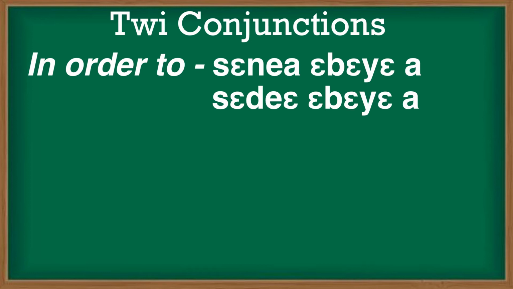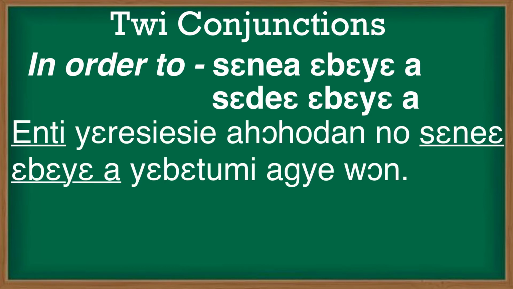Sediebeya or senyebeya, they are the same. You can use any of them. Both mean in order to. So this sentence in Twi will say: Enti yesiesie ahohodan no senyebeya yebetumi agye won.